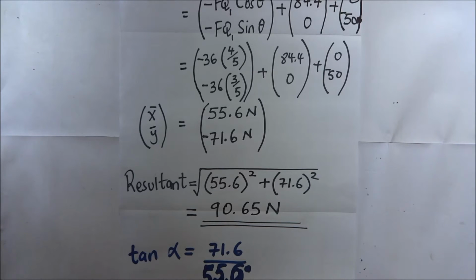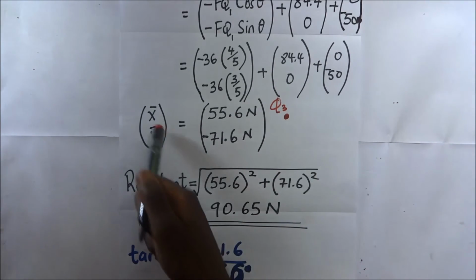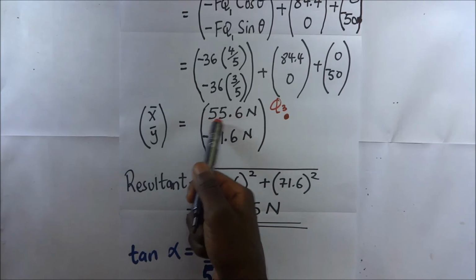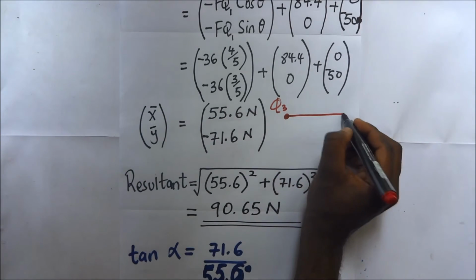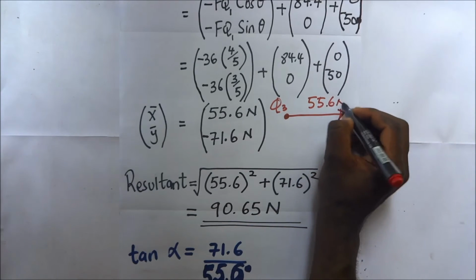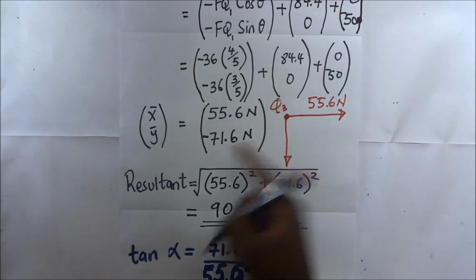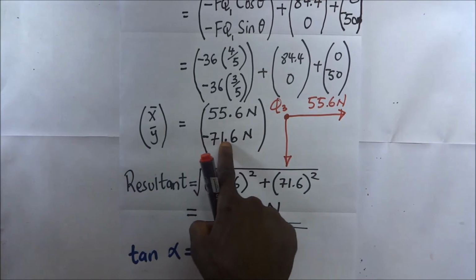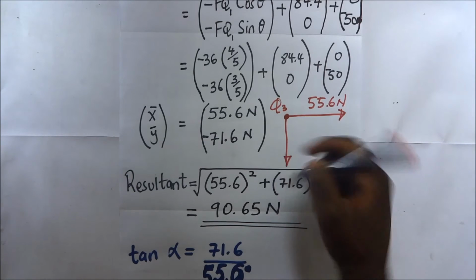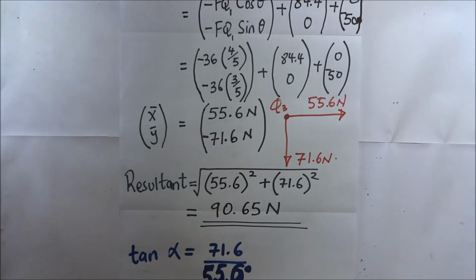So if our resultant force is 90.65 newtons, it means that our point charge Q3 is like this. This is our point charge Q3. In the x direction, it is positive 55.6, so it is acting in that direction, 55.6 newtons. And in the y direction, it is negative 71.6, so that's why it's pointing downwards as 71.6 newtons, because it is negative.